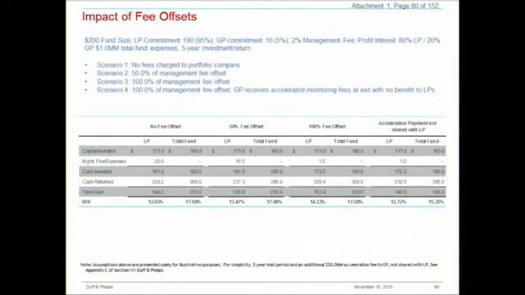The key question there is, are the fees that are coming from the portfolio company, the assumption embedded in these numbers is that it did not impact the value upon exit of the portfolio company. And one can ask, well, how can that be? Well, that can be a very judgmental question.